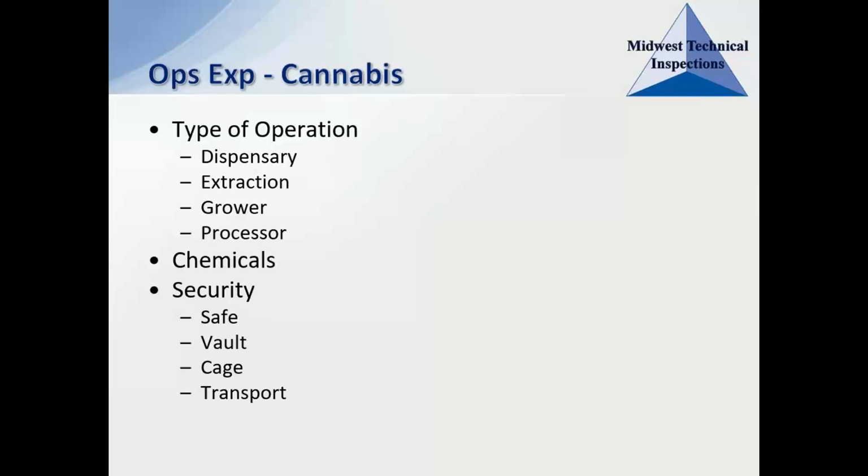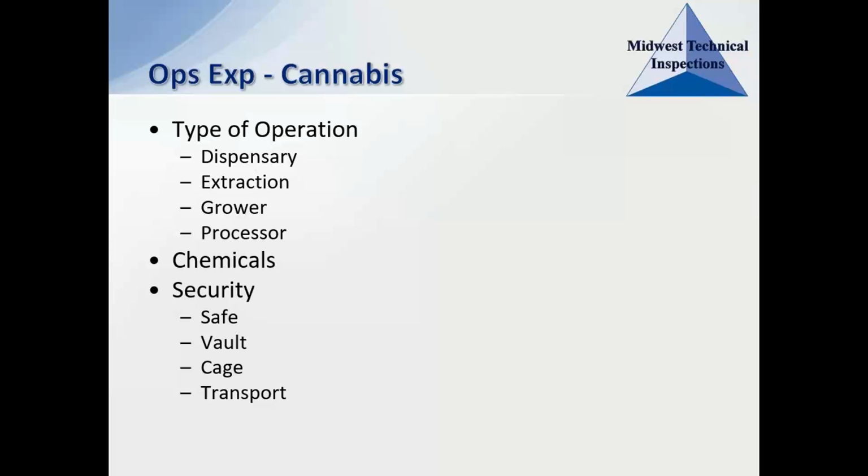But then security is a big issue with cannabis operations, because it's a high demand product. It's a highly cash oriented business, because these are all state approved. They're not federally approved. It's very difficult for any kind of credit card purchases.